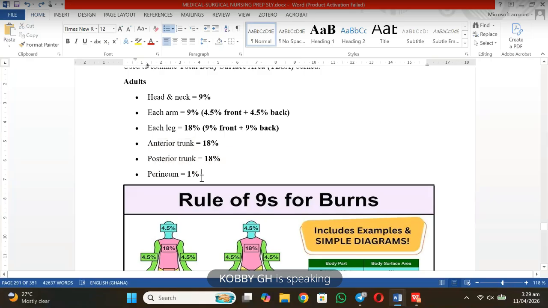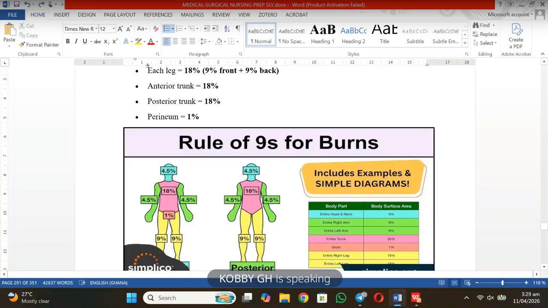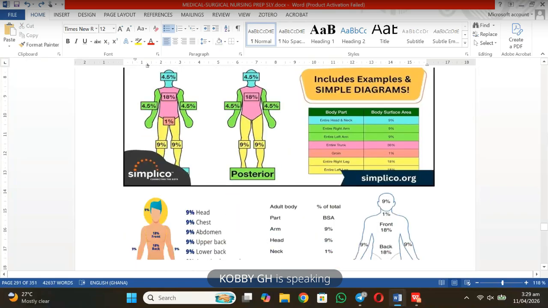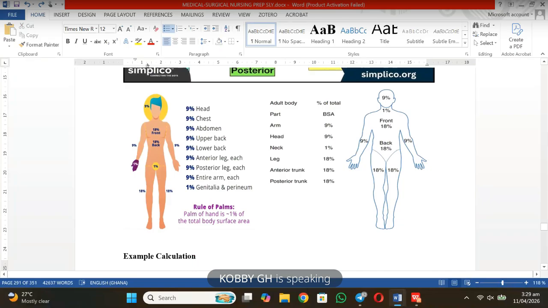Now, there are times the examiner can bring some informal ones to confuse you, like the arms. Inside your palm, we usually assign 1% to your palm. Sometimes the examiners intentionally bring in insignificant areas, like a surface burn on the palm region. If you see the palm region, just assign 1%.